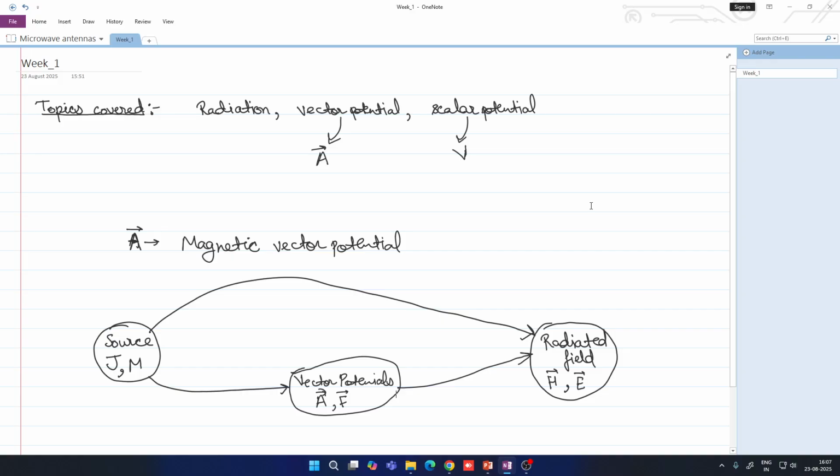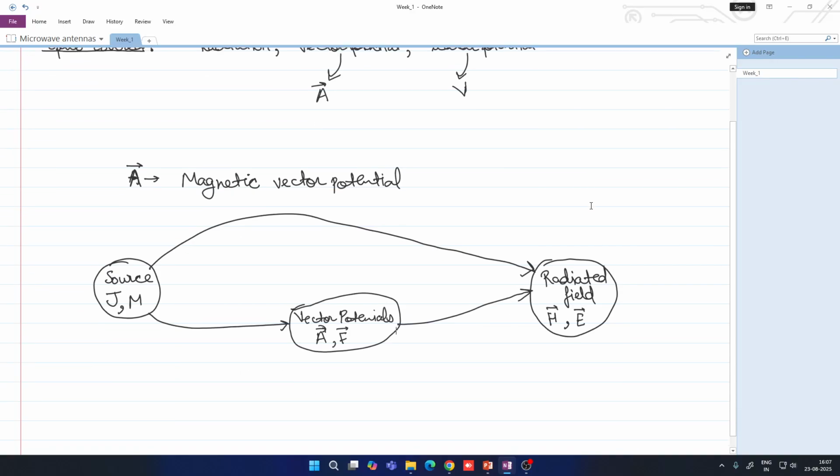I was discussing the topics covered this week. The main concept is that we saw some quantities called vector potentials. Why do we need them? Let's say a source is radiating a field, and the source can be a metallic structure, maybe a wire antenna or a dipole, any kind of antenna which has a current density on it, and we know what that current density is.